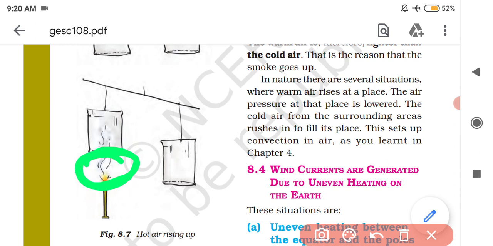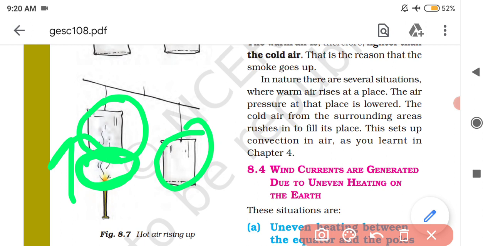So the hot air, which is lighter, will rise up and then fill the left side paper bag. So the left side paper bag now contains hot air, which is lighter than the cold air present in the right side paper bag. Therefore, the left end of the wooden stick becomes lighter and it will move up. Understood?